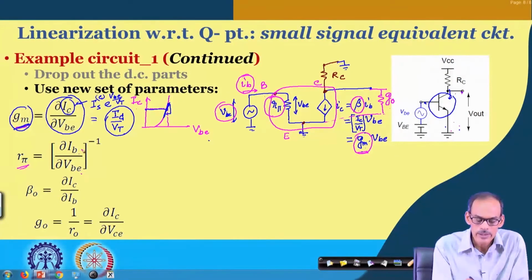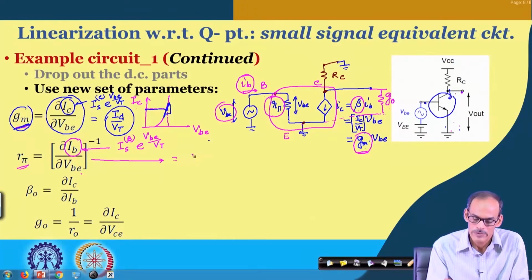And again, if you use the expression of this IB in the form of IS B e to the power VBE by VT, and then take the derivative, it becomes IB divided by VT.